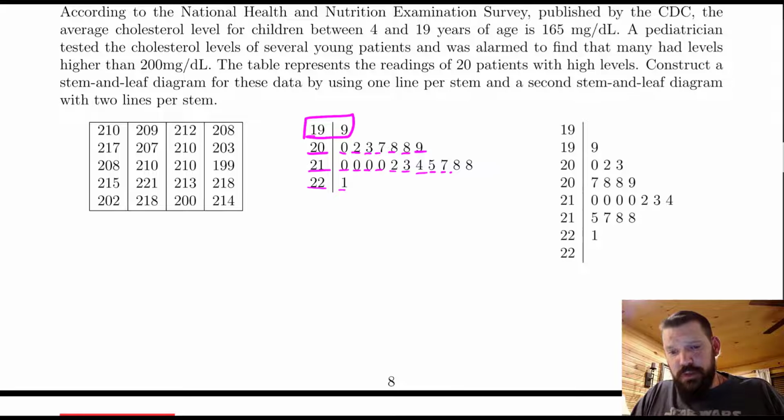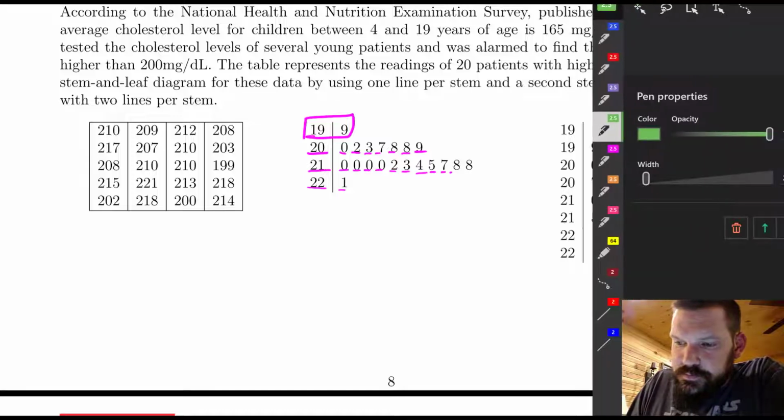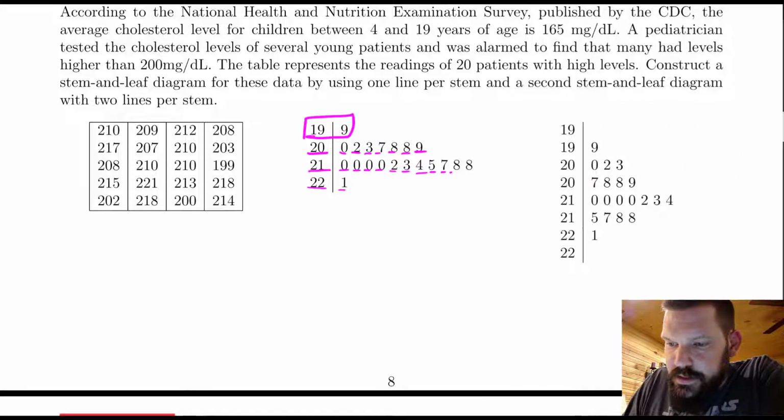one line per stem. Then what you see on the far right hand side of your screen is 2 lines per stem. So what we might do is this first stem is 0 to 4, and our second stem is 5 to 9.